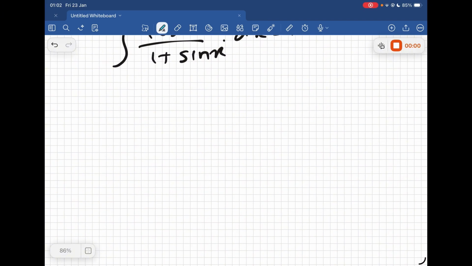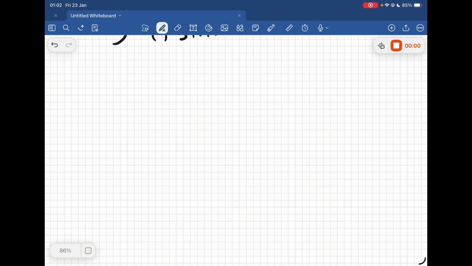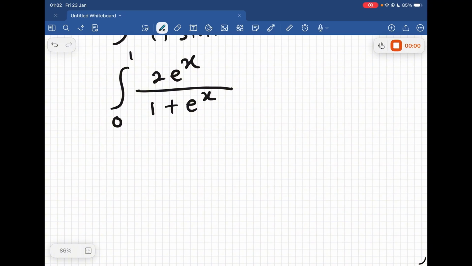Let's try one more question, but differently. This question is going to be a definite integral, but the same pattern. The lower limit is 0, the upper limit is 1, and the integral of e to the power x over 1 plus e to the x.